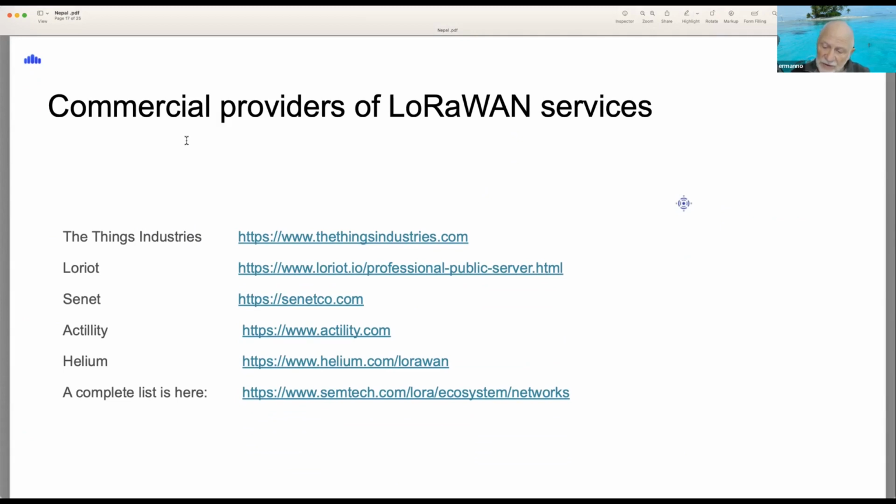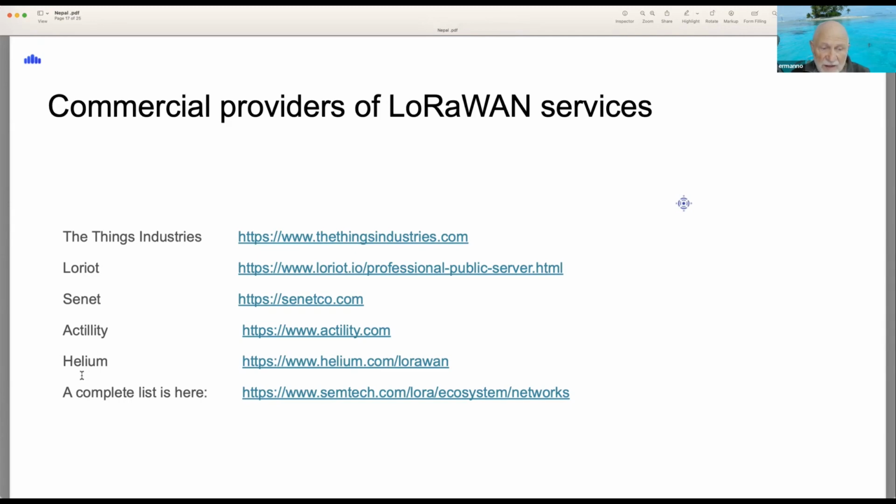If you don't want the trouble of running your own network, you can just buy the service from some of these. In particular, the Things Network has a commercial brand called the Things Industries that offers the service. For a fee, you don't need to worry about anything. You just pay the corresponding fee, and you can get all the advantages of the Things Network worldwide deployment. And these are some other providers.